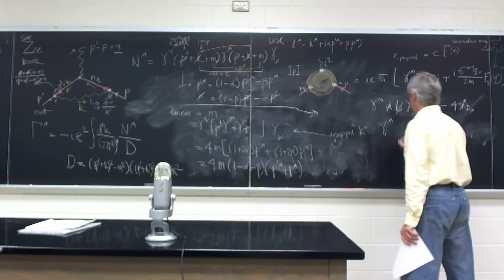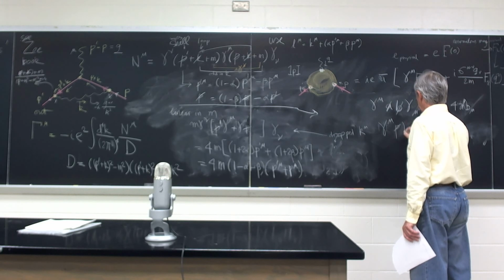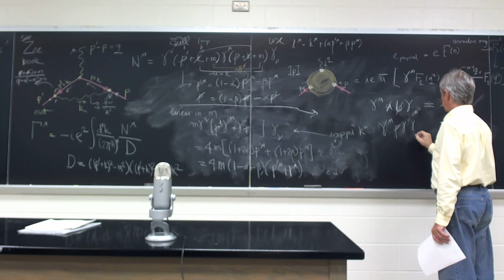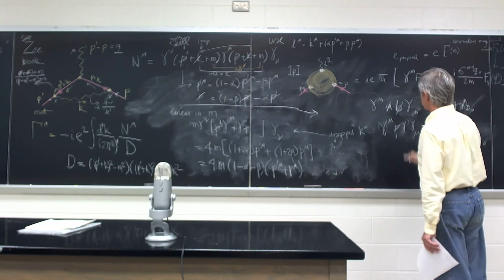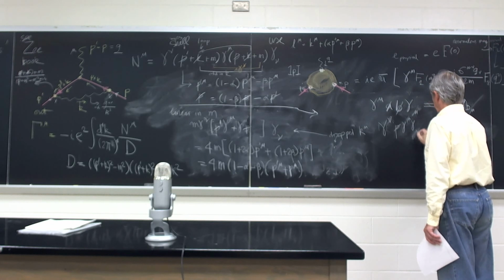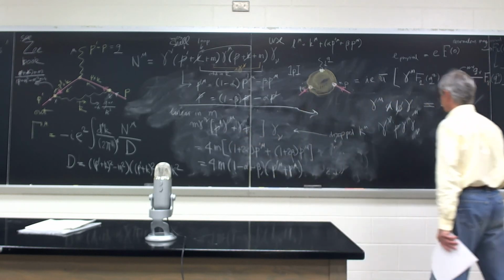So I have a P slash gamma mu gamma... So that's the first term, it has this format, right?